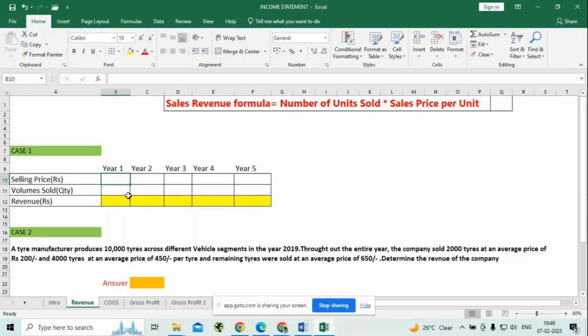So what is the sales value over here? Let me give an example. In case one study, the selling price is 50 rupees and the quantity is 100.